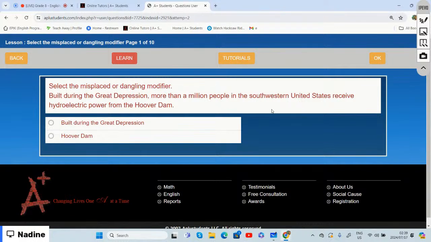So we need to select either the misplaced or the dangling modifier.